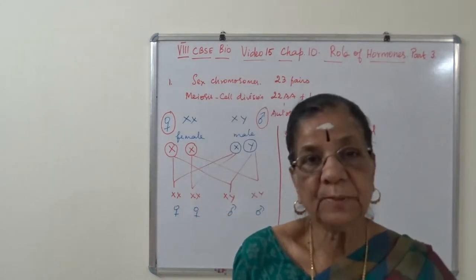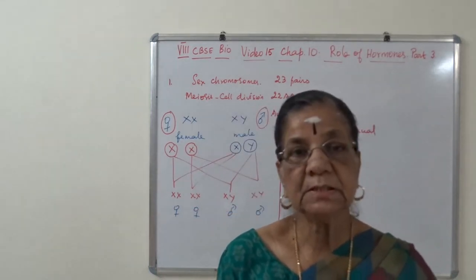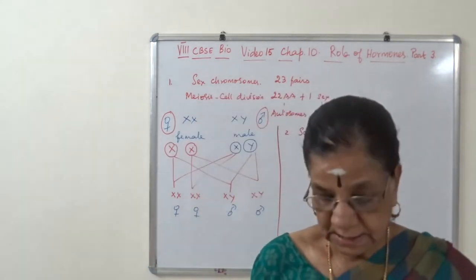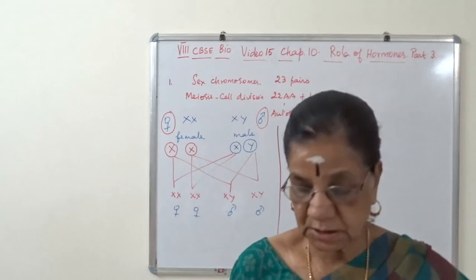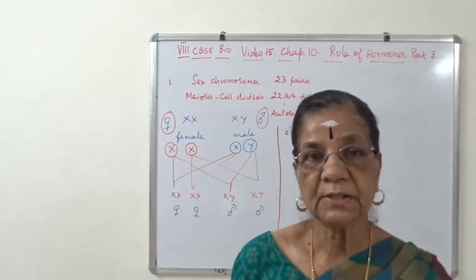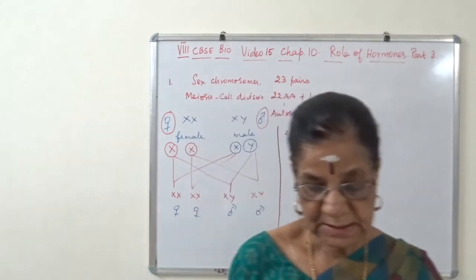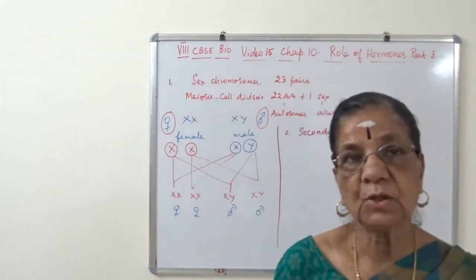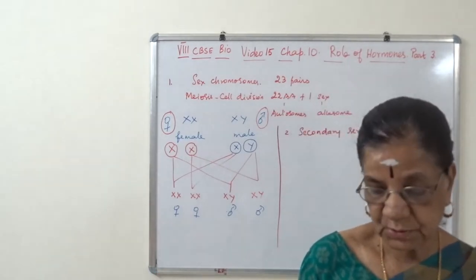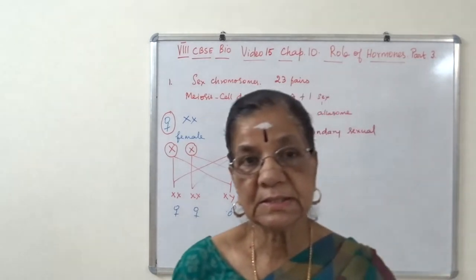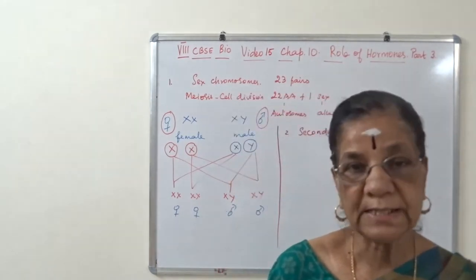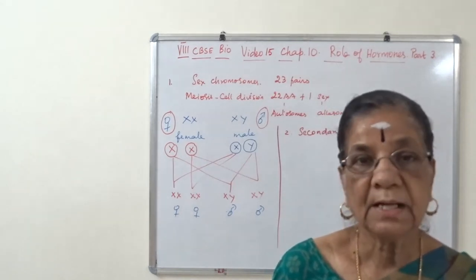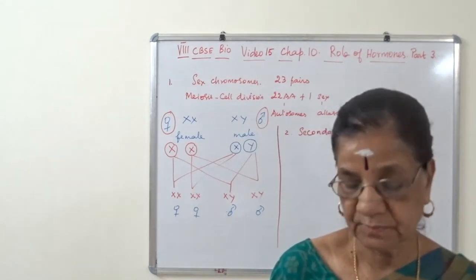Whereas in girls, estrogen causes the growth and maturation of the female reproductive system. It is necessary for the production of egg cells, that is ovum, by the ovary and their maturation.